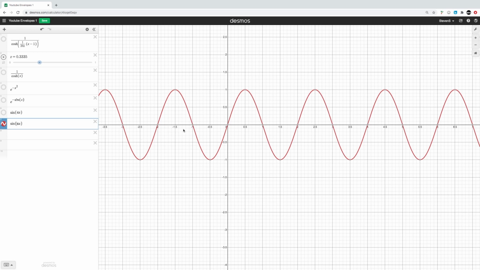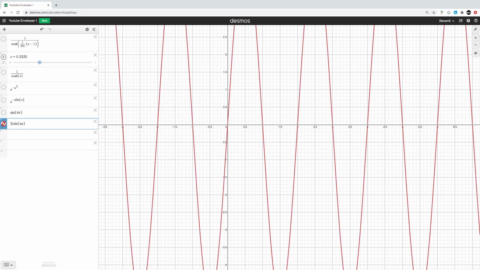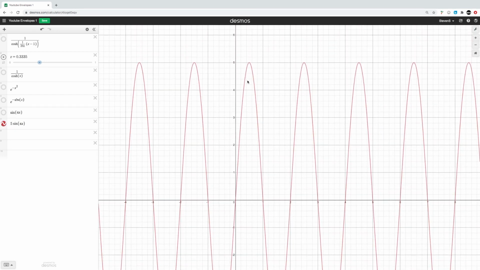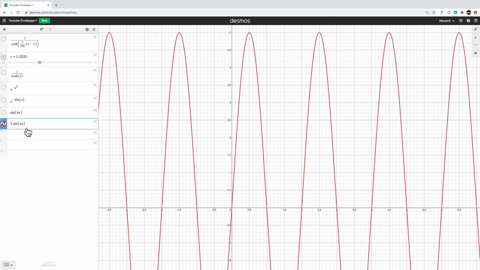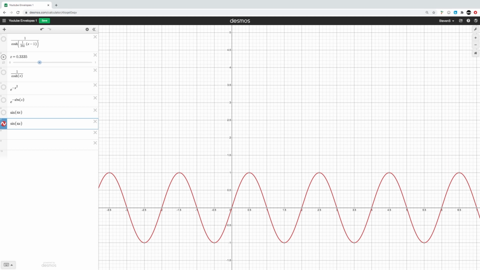So, okay, we're going to embed this sine function in that. I'm going to show you how to do that. One more thing: if I put a 5 in front of this sine, it would be 5 times the size.